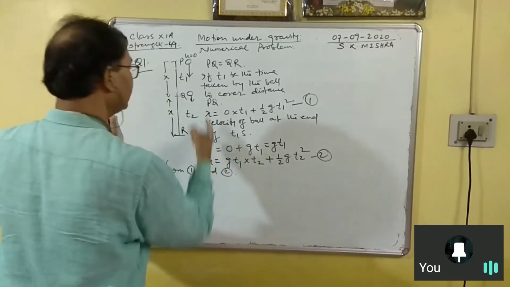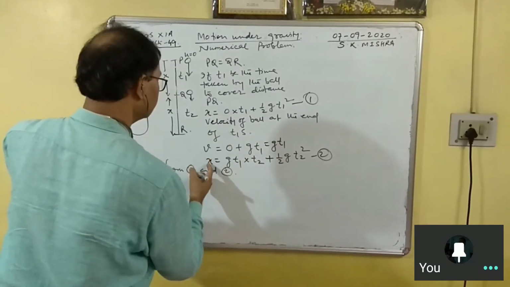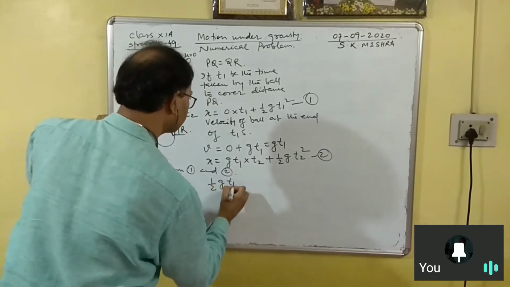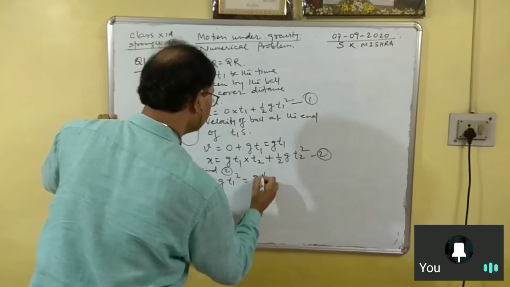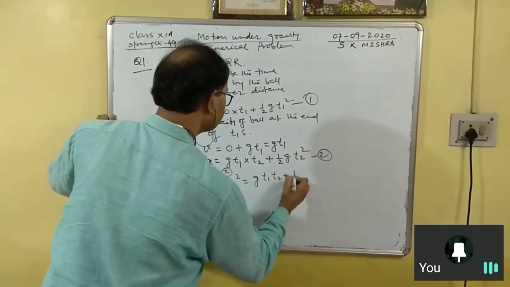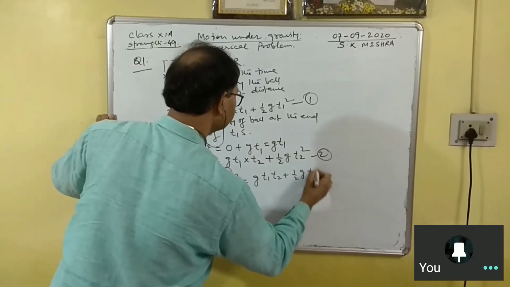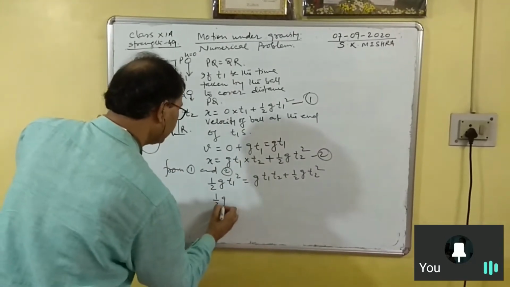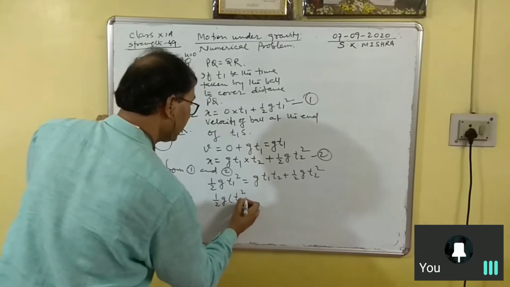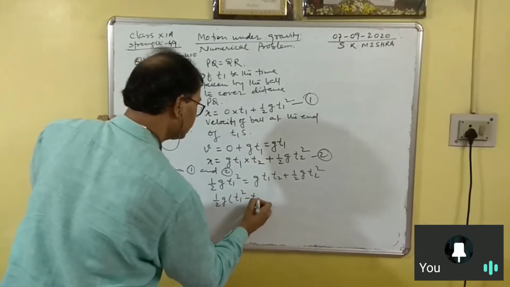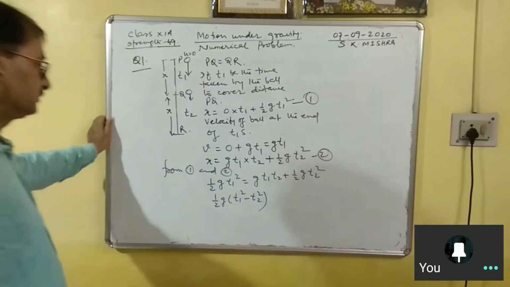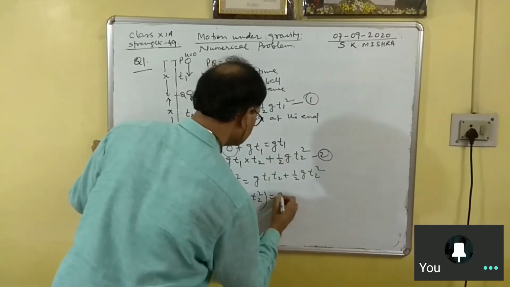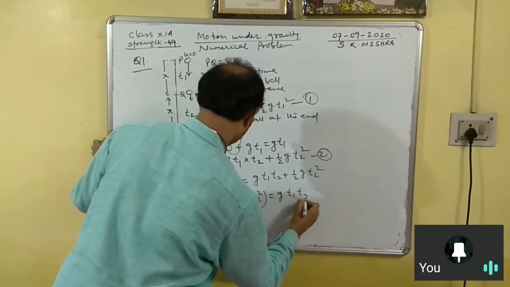These two are equal. So half g T1 square is equal to g T1 T2 plus half g T2 square. Just take it this side, and then half g times T1 square minus T2 square is equal to g T1 T2. Cancel g.